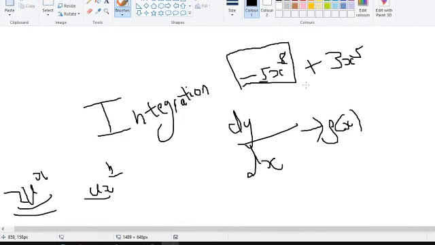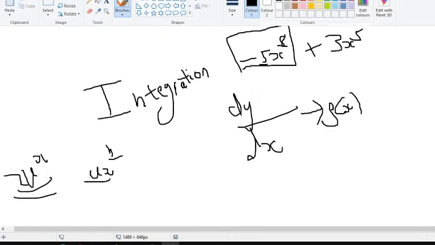Theoretically, integration is the process of taking the power, so taking the x and adding 1 to it. That's because when you do differentiation, you subtract 1, so it is the literal opposite of it.